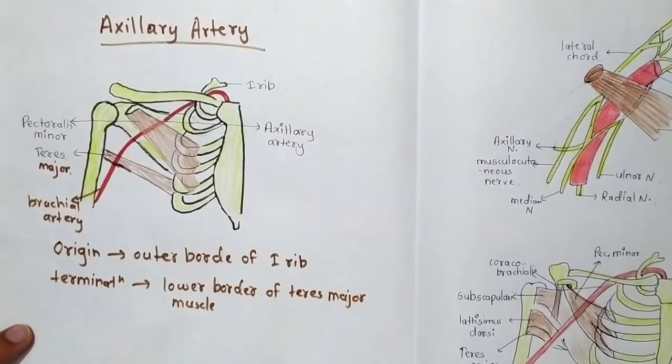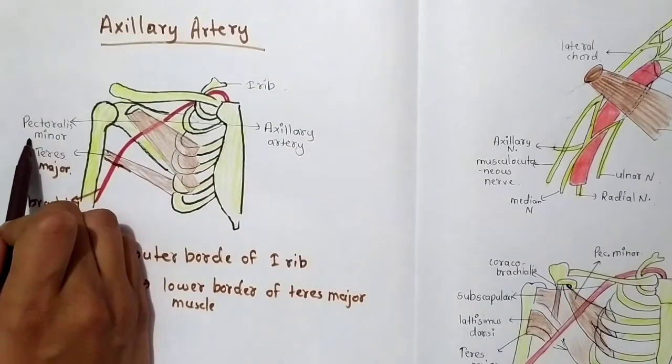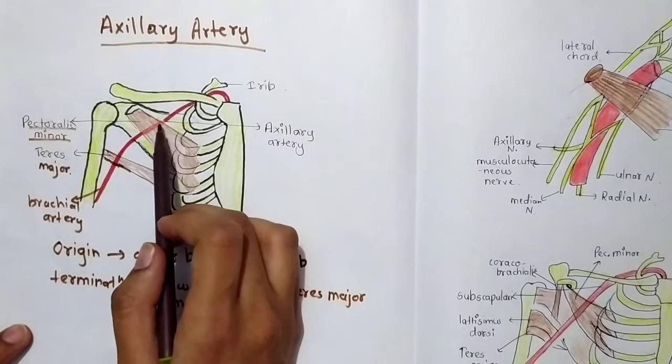In its course, one muscle named pectoralis minor divides it into three parts.